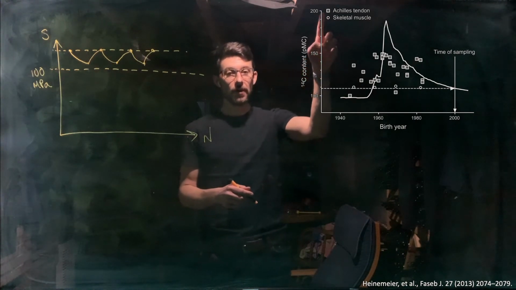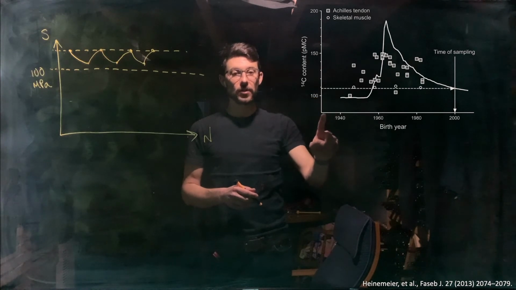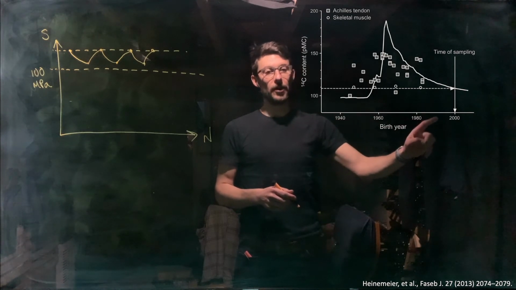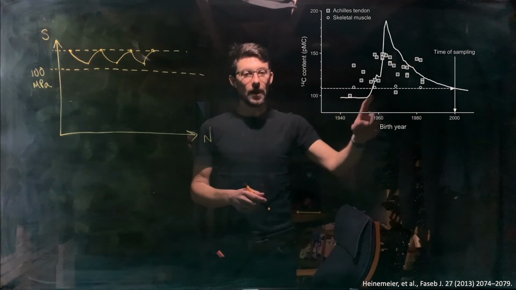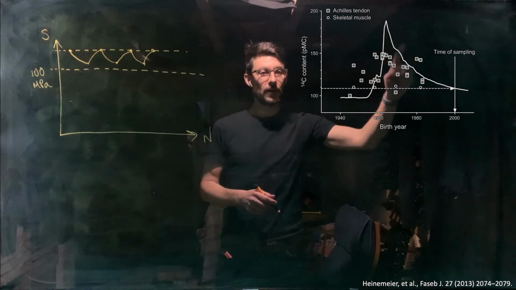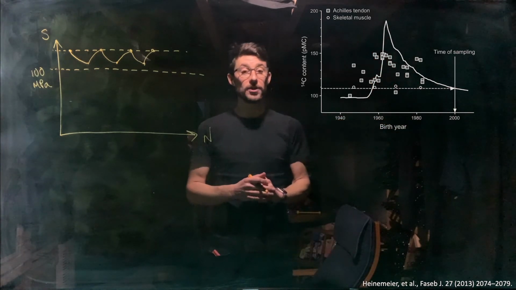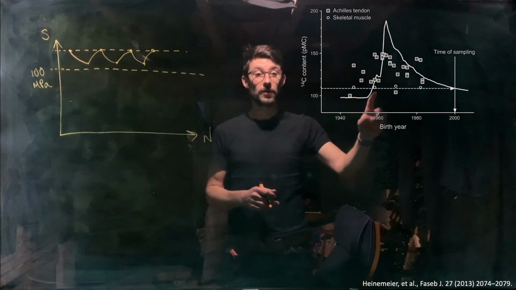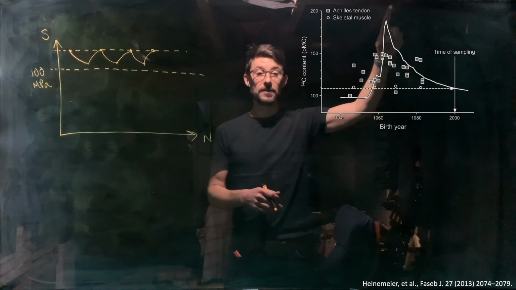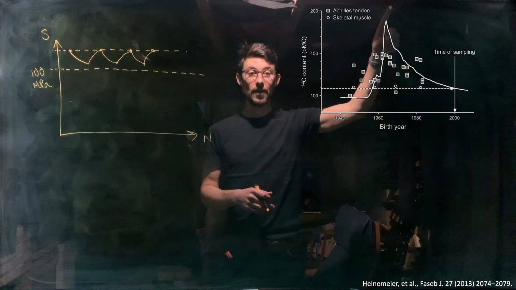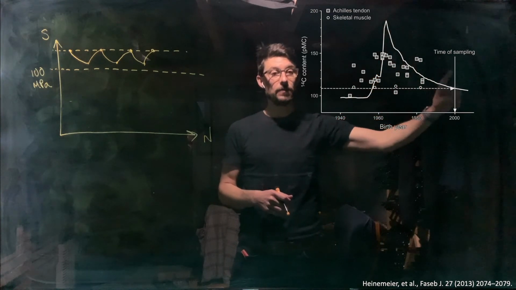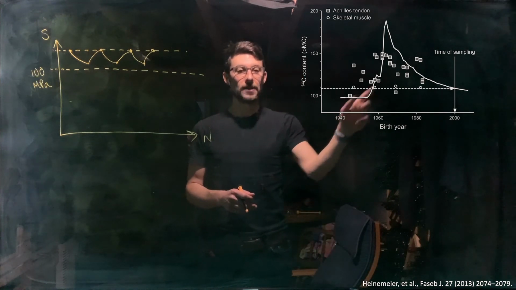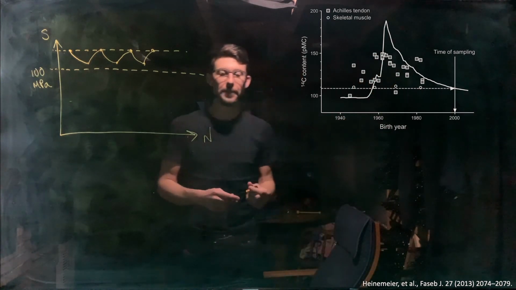So on this plot, you've got carbon-14 concentration and date on the bottom, right? The solid line shows the atmospheric level of carbon-14 over time. You can see that it was quite low, and then with the onset of nuclear testing, it spiked way up, and then in 1963 there was a large reduction in nuclear testing. So it's been slowly returning to the normal baseline level ever since then, right?